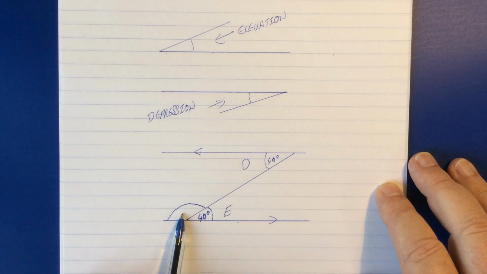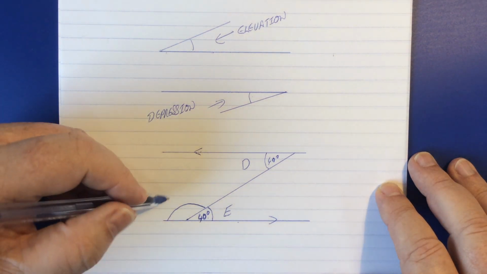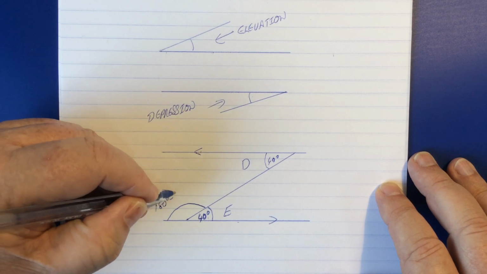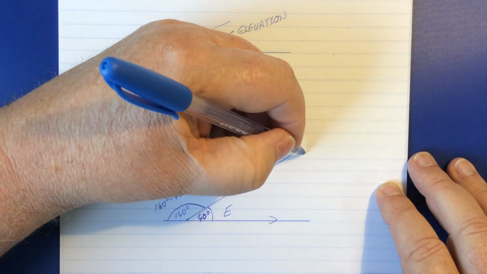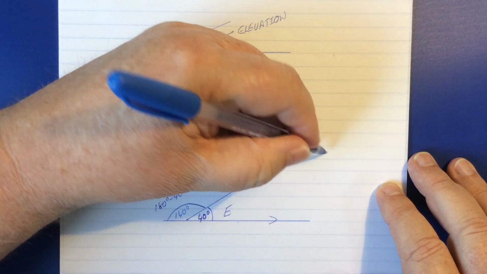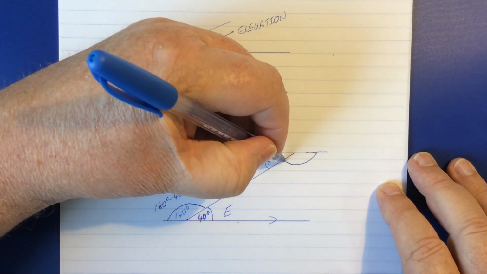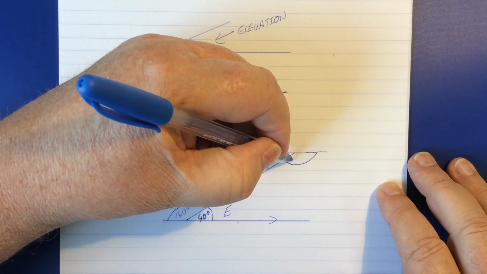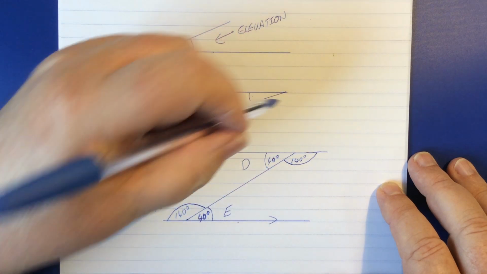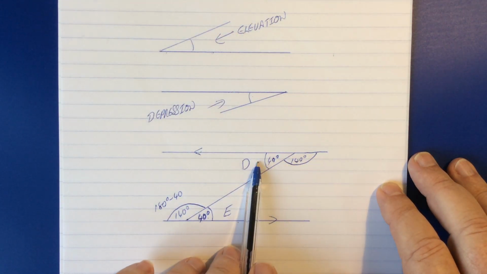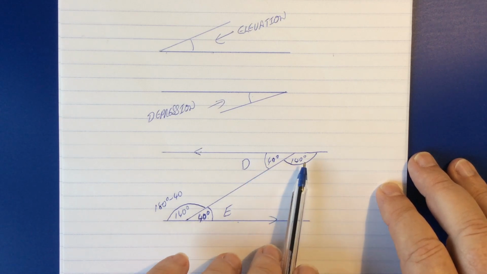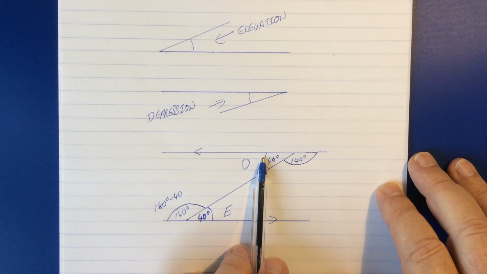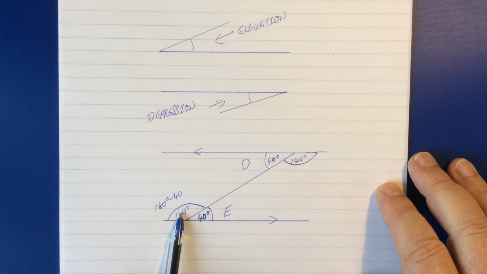So this angle here is equal to 180 degrees minus 40, so it is 140 degrees, as is this one, if I extend this line here and draw in this. Because these two angles must add to 180, this is a little bonus lesson in geometry. These two angles must add up to 180, these two angles must add up to 180.